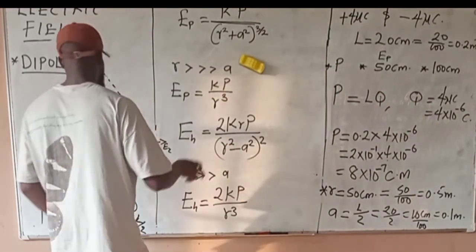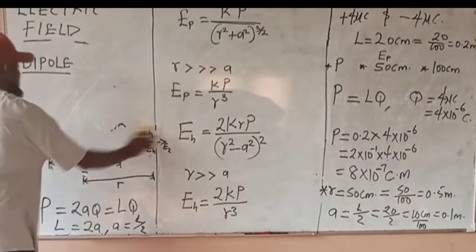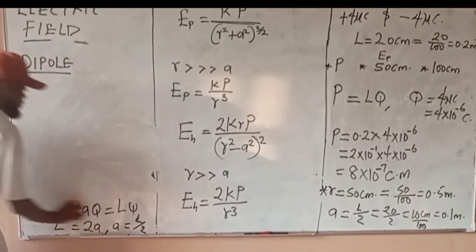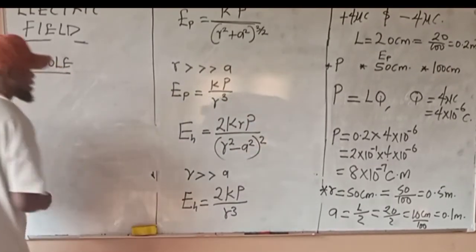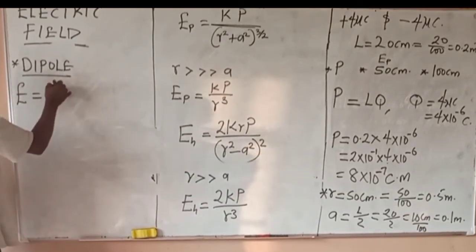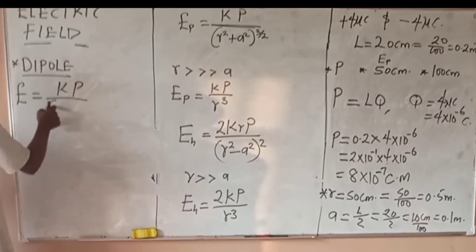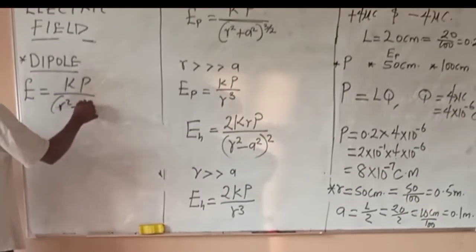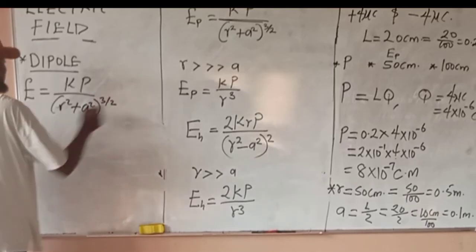Now, let us obtain the field at a perpendicular distance from the midpoint. The field E is equal to kp over r squared plus a squared, everything to the power 3 over 2.